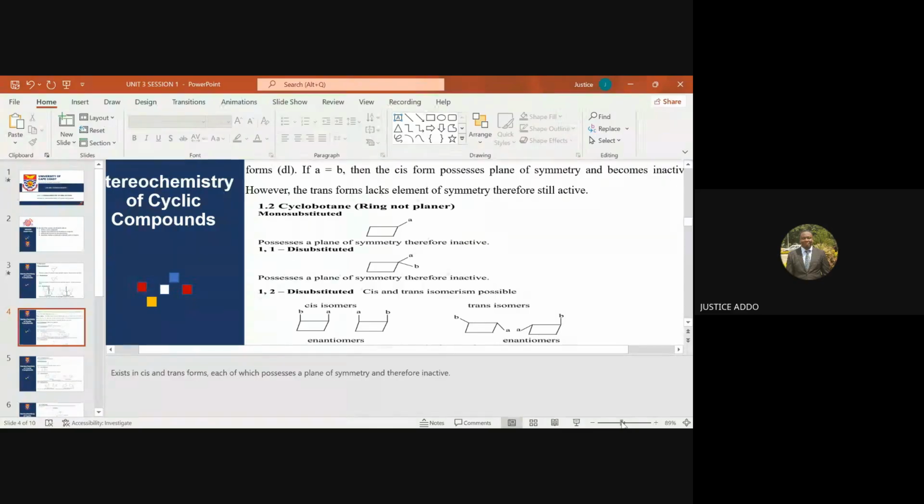Yes, any other person? Yeah, my own too. Yes, go ahead. For the 1,2-diethyl cyclopropane, I found out that it has two forms. It has the cis and the trans. And the cis, I think there is a plane of symmetry in the cis. And since there is a plane of symmetry, I considered it to be inactive.